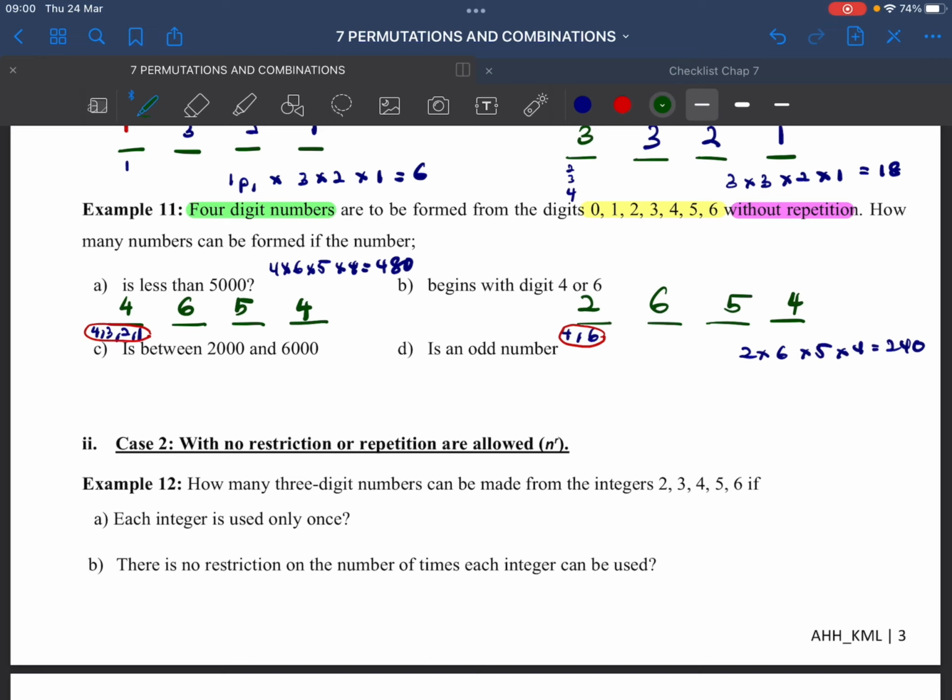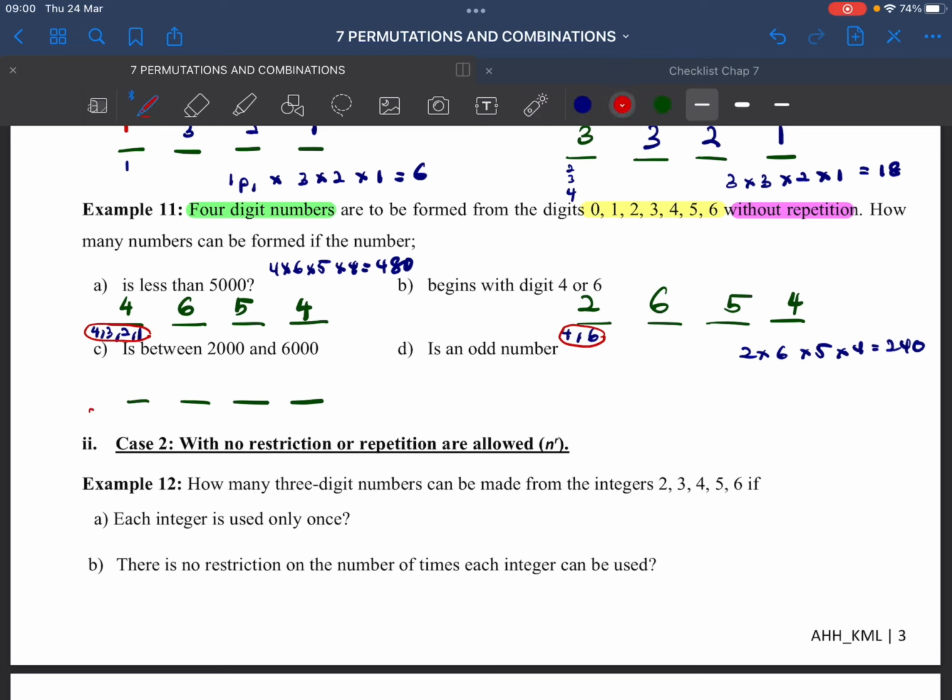So next one, 1, 2, 3, 4 digit. The question said is between 2,000 and 6,000. Obviously kalau 2, 3, 4, 5, 6 boleh ke tidak? Kalau letak 6, nombor yang paling kecil untuk 6 yang di depan is 6,000 pun dah lebih 6,000. So that's gonna be only 2, 3, 4, 5 sahajalah.